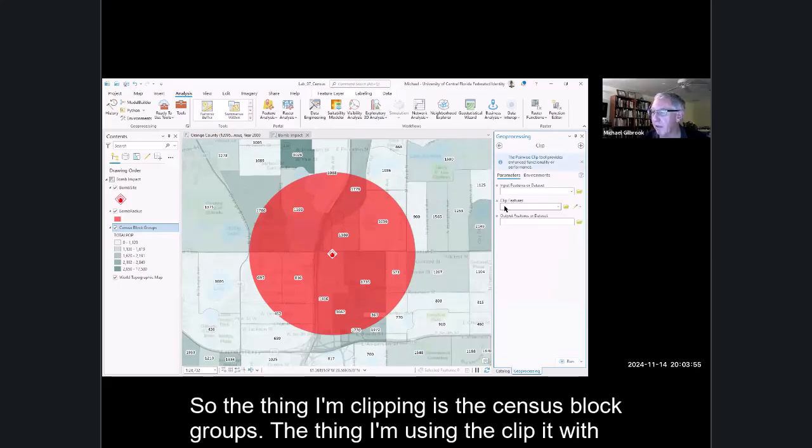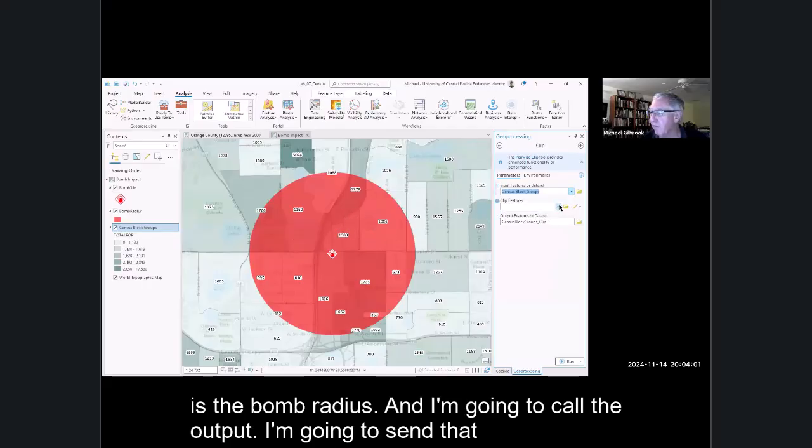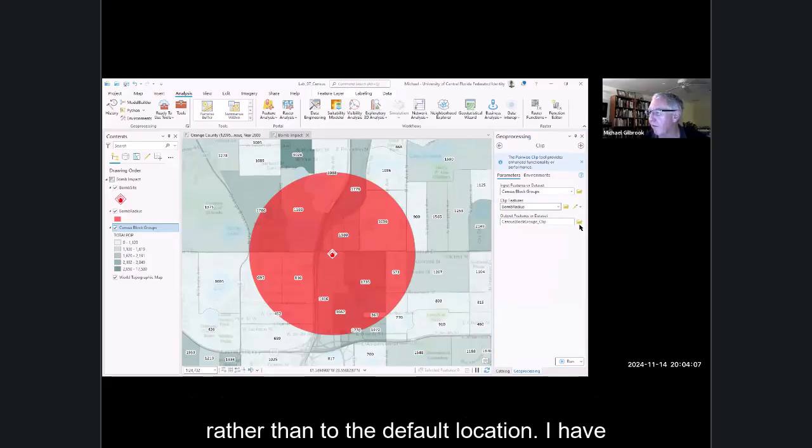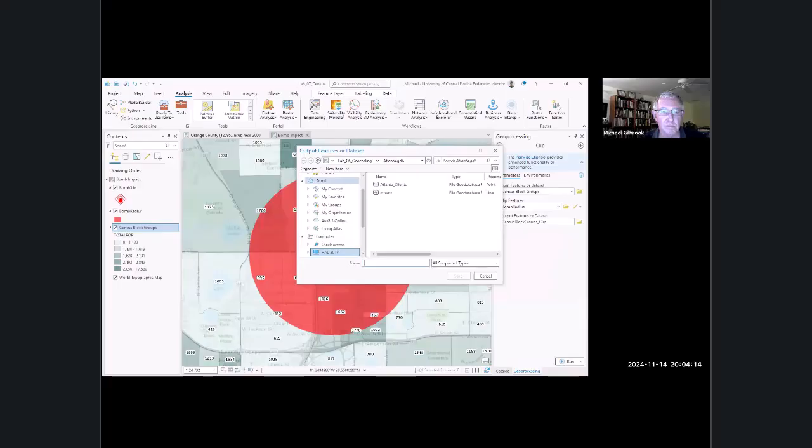The thing I'm clipping is the census block groups. The thing I'm using to clip it with is the bomb radius. And I'm going to send the output to a different location, rather than the default location.